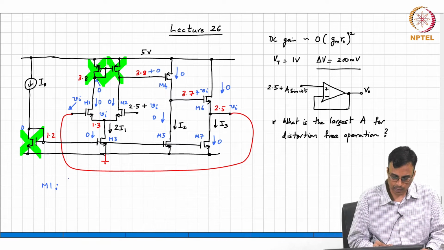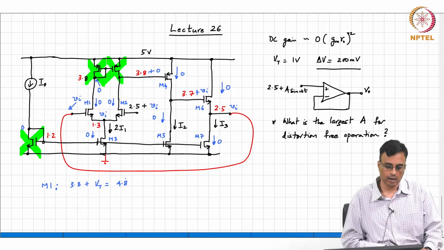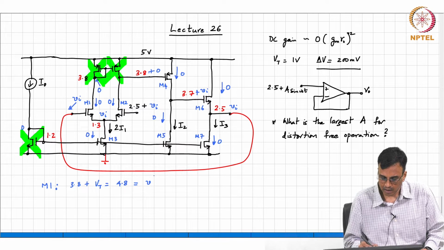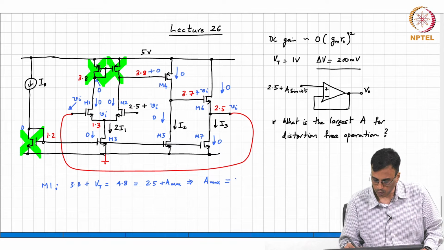It is basically 3.8 plus 1 Vt, which is 4.8, right, which is nothing but Vi, which is 2.5 plus A, which means that A max is, as far as M1 is concerned, 2.3 volts.